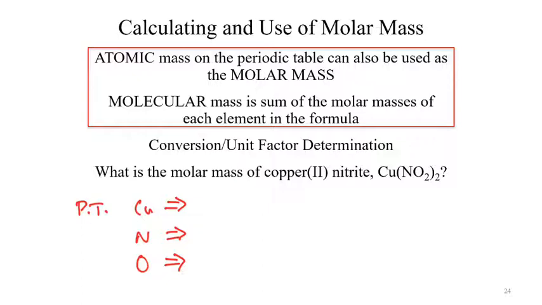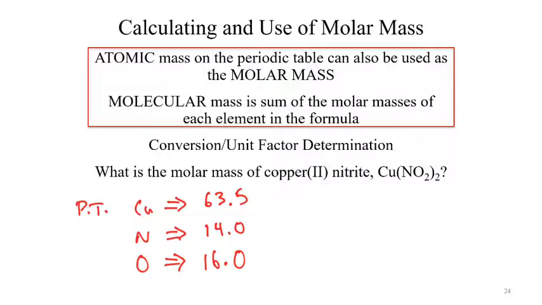So when we go to the periodic table, we will hopefully be able to see, depending on your periodic table, that copper is 63.5. We're going to leave the units off for the moment. Nitrogen is 14.0 and oxygen is 16.0. What are the units with those?